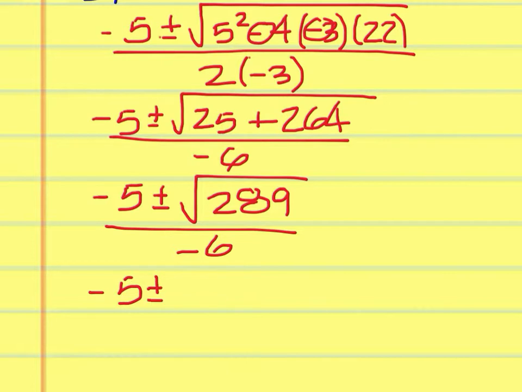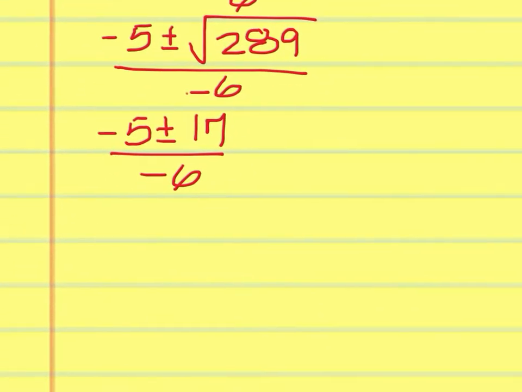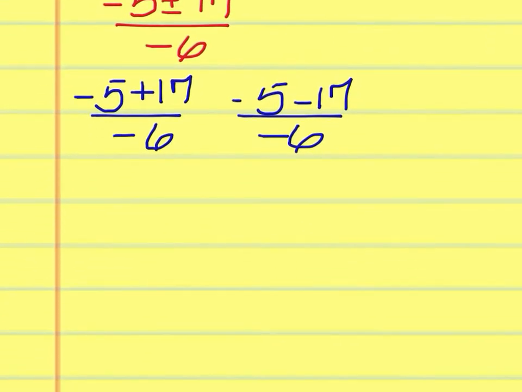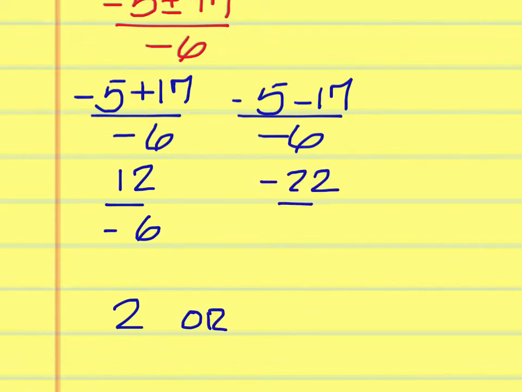The square root is 17. So you're going to need to do a negative 5 plus 17 over negative 6, or a negative 5 minus 17 over negative 6. On the left-hand side, you will have a 12 over negative 6, which is a 2. On the right-hand side, it's a negative 22 over negative 6, which goes to 11 over 3.